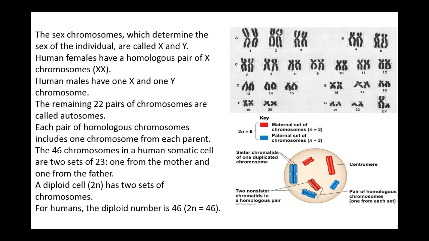As opposed to, it's interesting, your book talks about dogs having 78. Just because you have more chromosomes, it doesn't make you more sophisticated, although some people may argue that dogs are a little smarter than us, but anyway, that's another thing. It's just the way that particular species evolved.